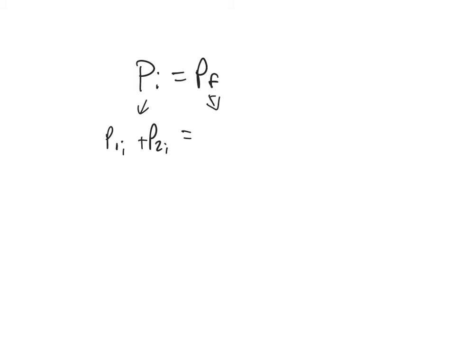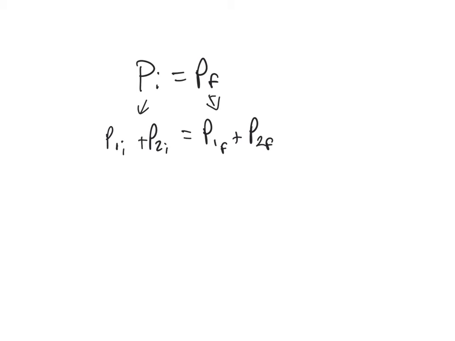So in this case, we have two carts. Each one has some momentum initially and finally. And we can observe that that doesn't change. We can start making some calculations, which we'll do a little bit later on, and we can see that that total momentum doesn't change.